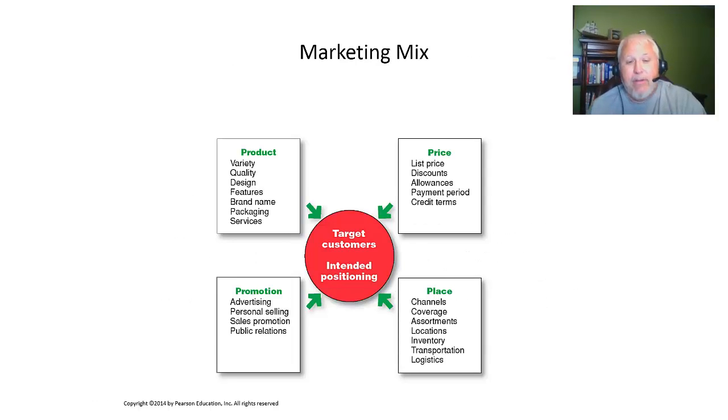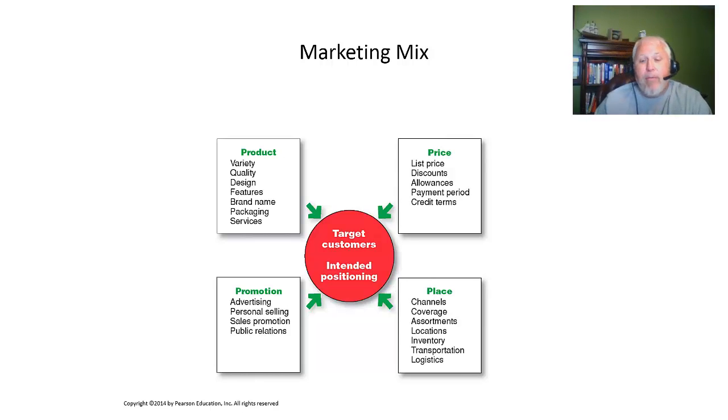And the 4 P's, they get the right product, make sure the product's right and it's at the right price, it's offered for sale in the right place where our customer shops, and it's promoted in a way so that our customer hears about it and is stimulated to go investigate further.